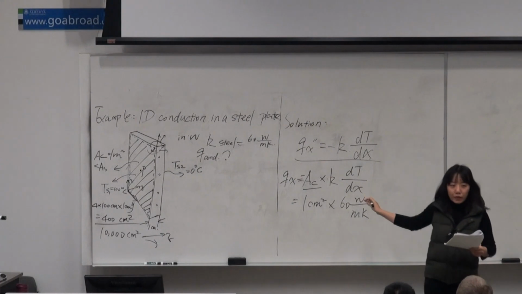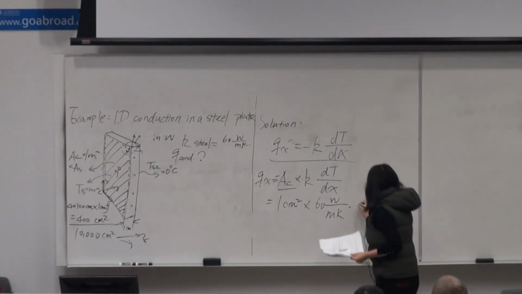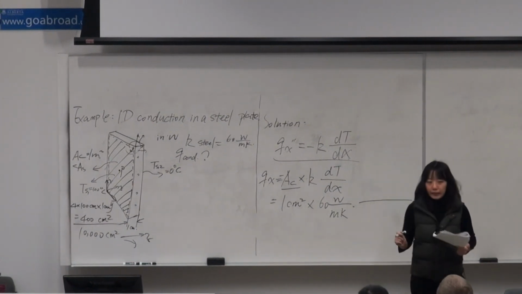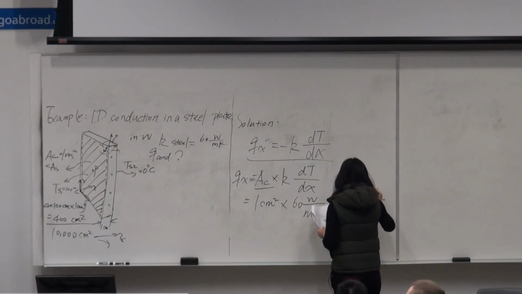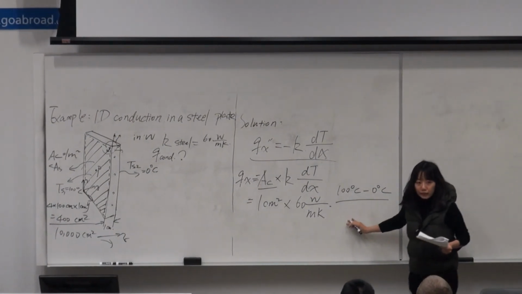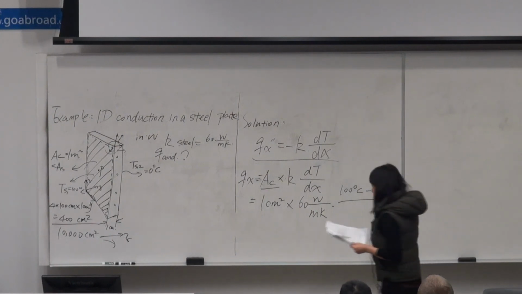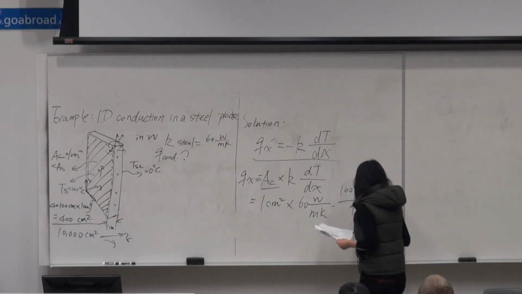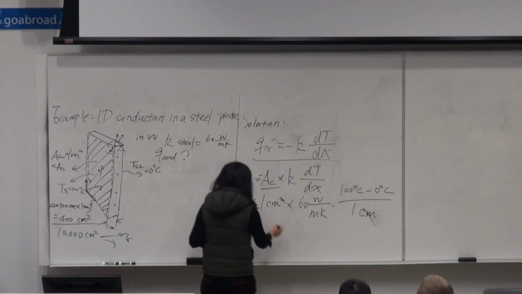What's the temperature gradient? If we assume it is linear, it's simply the temperature difference over the characteristic length where the heat flows, which is 1 centimeter, and 100 degrees.